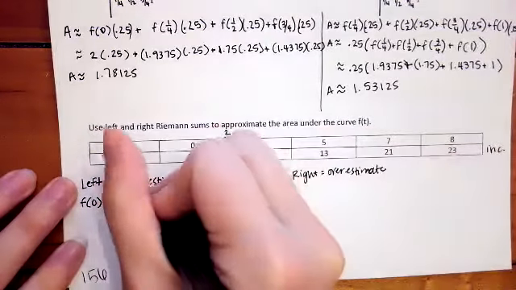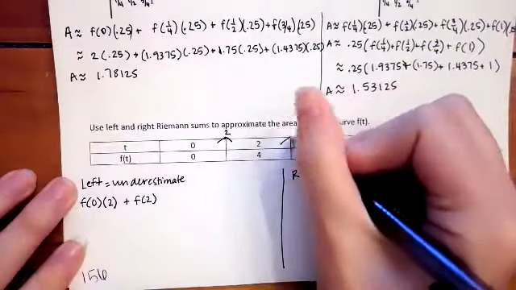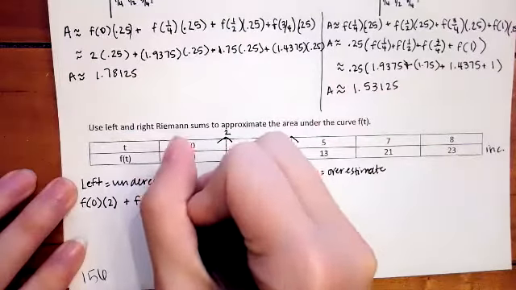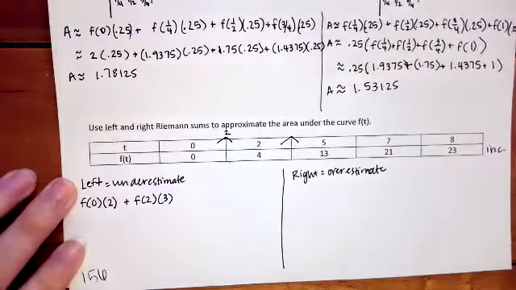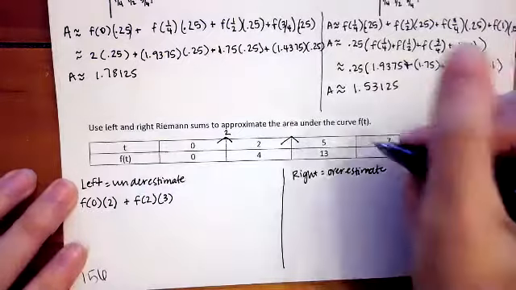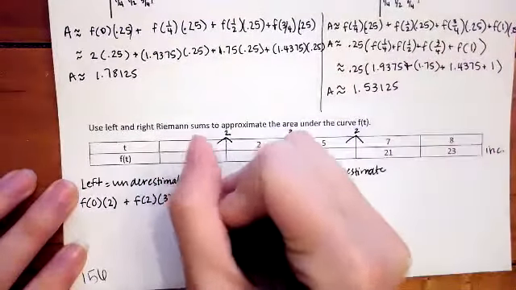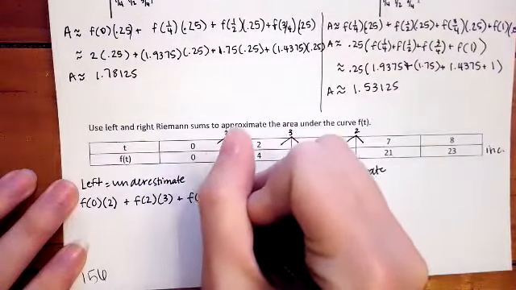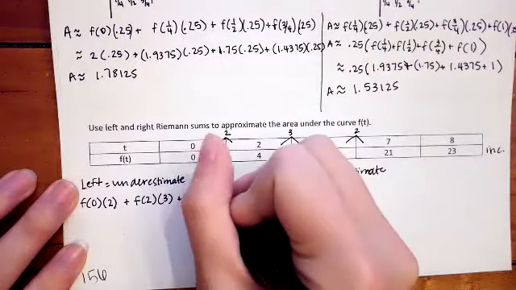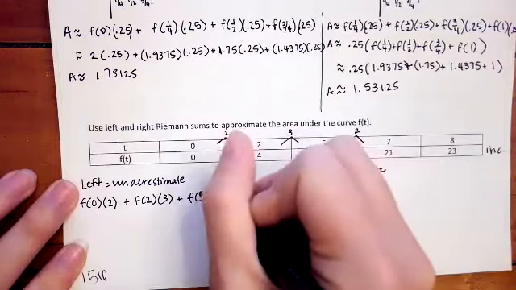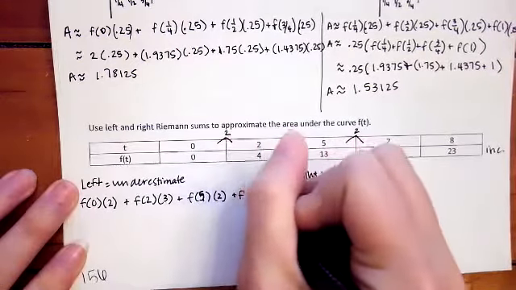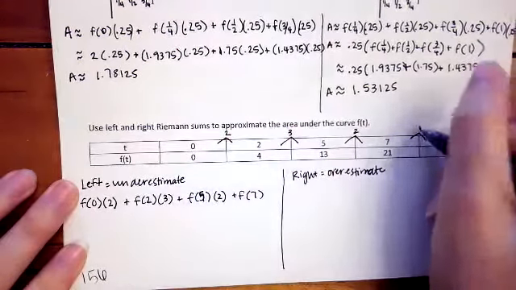Then we'll take our next one, f of 2. The jump between it and 5 is 3. We don't love when this happens because we have rectangles of different sizes, but we work with what we have with this table. I'm sorry, that should be f of 5 times a jump of 2. And then f of 7 with a jump of 1.